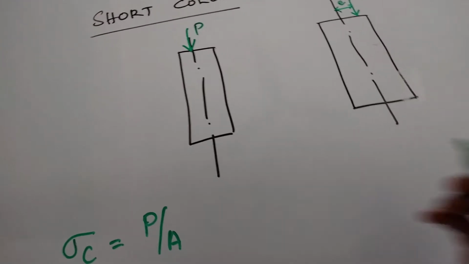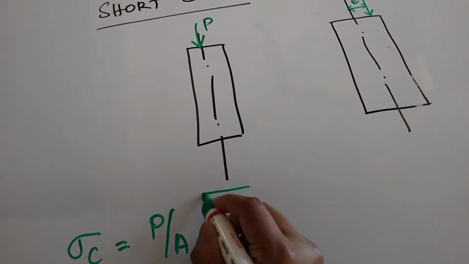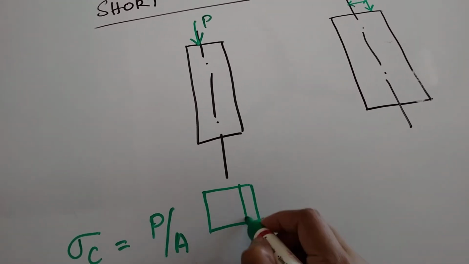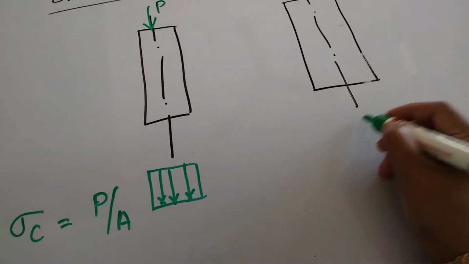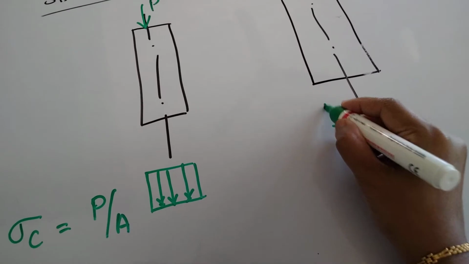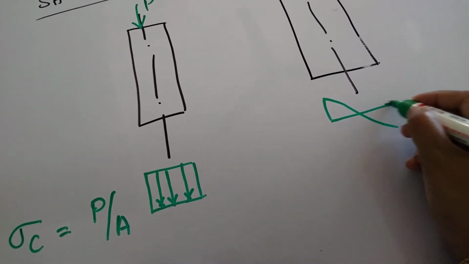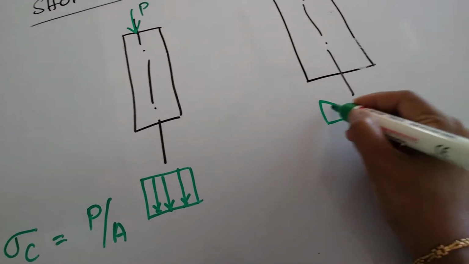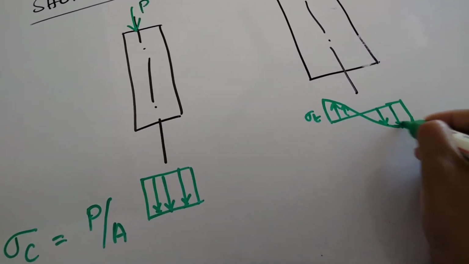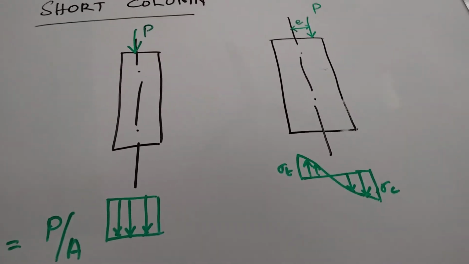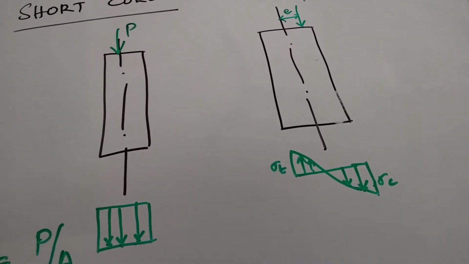In the case of axial loading, there will be only compressive stresses acting. But in this case, there will be both tensile and compressive stresses acting. There will be tensile sigma T and compression sigma C, if the case is for an eccentric loading.